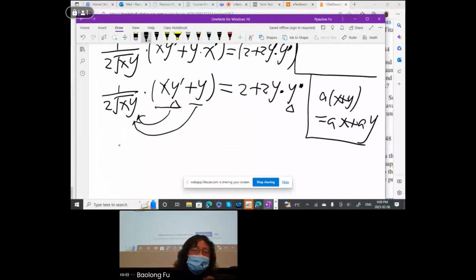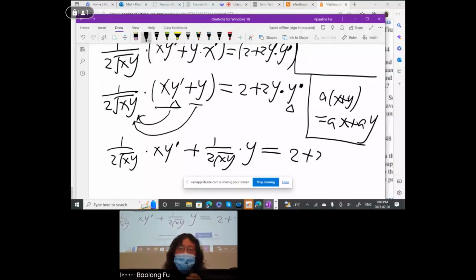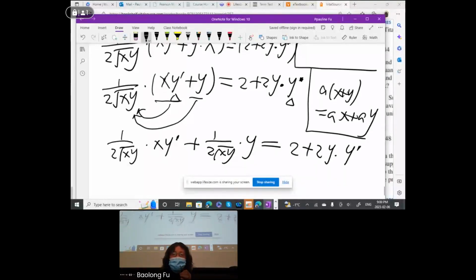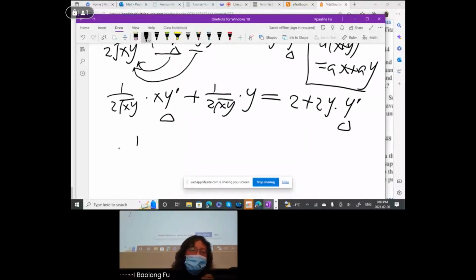So this times xy prime plus this times y, this is the left-hand side, and on the right-hand side, y prime. And then for y prime, I collect like terms.